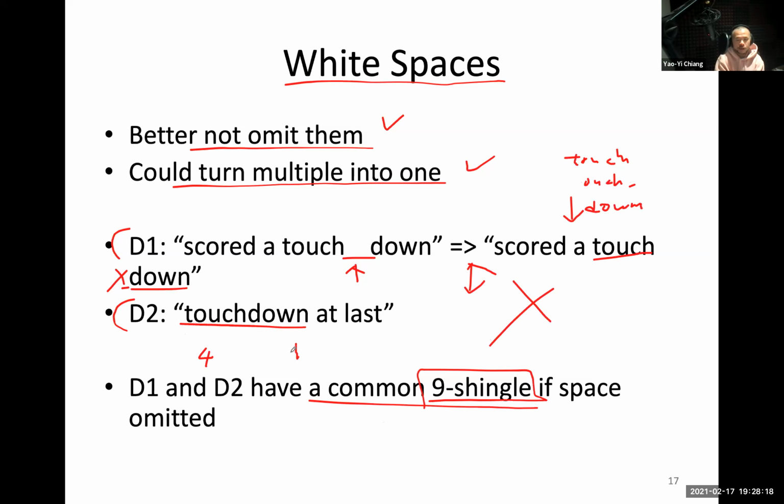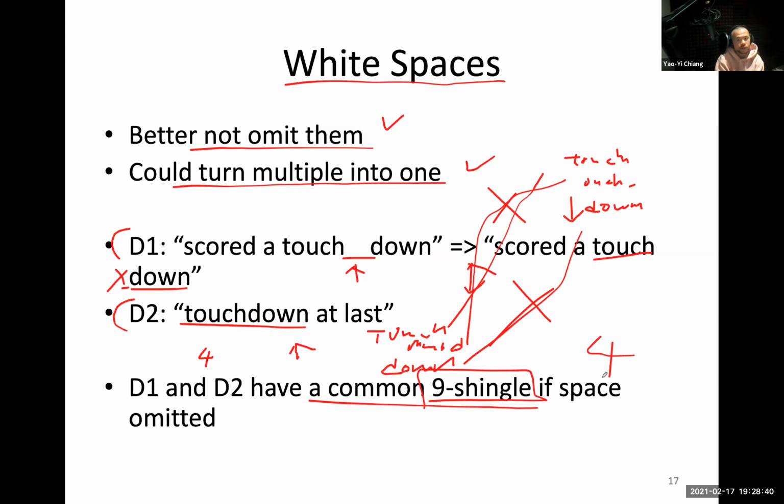And for D2, you will have "touch", you will have "OUCHD", which is not the same, but eventually you're going to have "down", right? So in this case, at least you have two shingles in common if you use K equal to 5. Sorry, yes, 5.